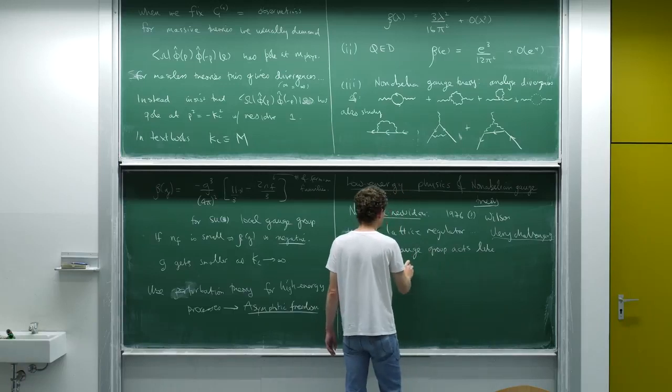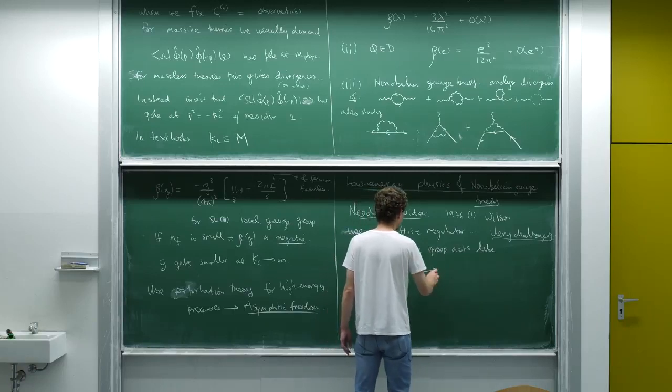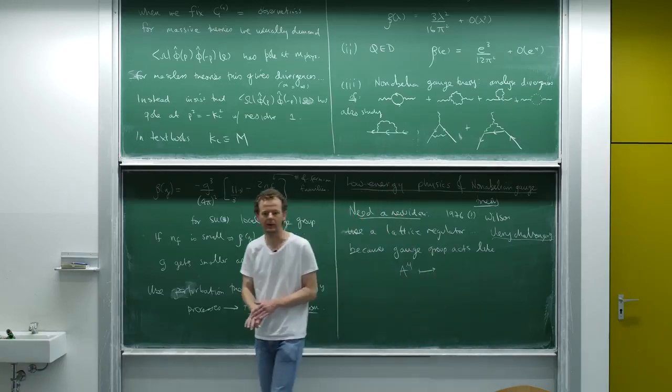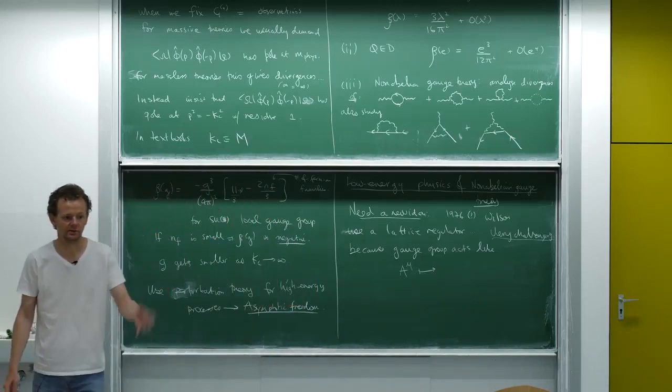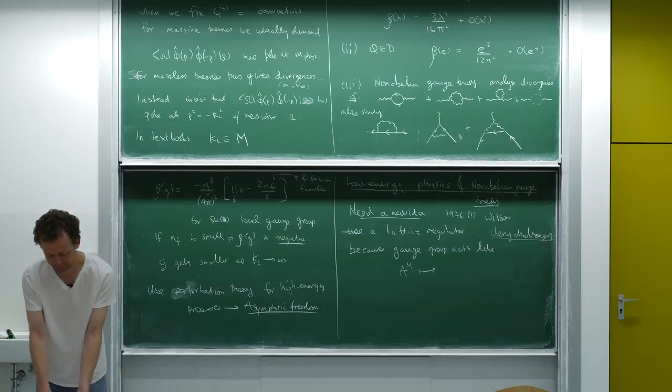And it's challenging because the gauge group acts in this slightly non-local way, right? It takes the gauge field to the gauge field plus something, a derivative of something.